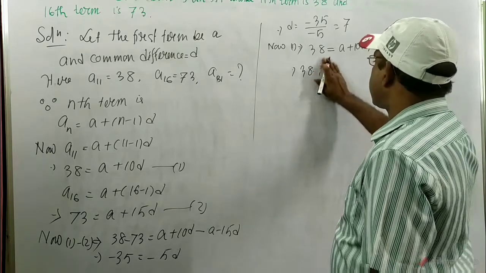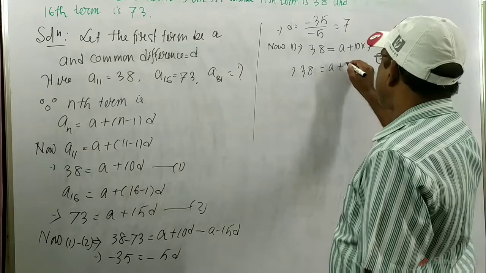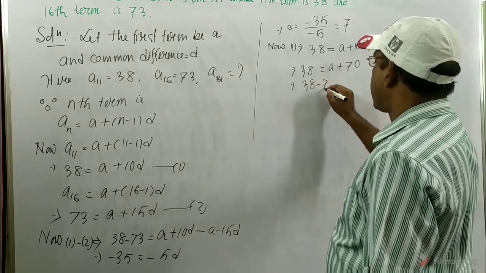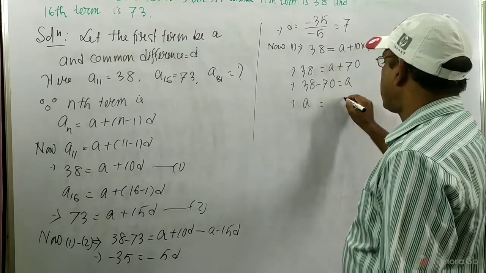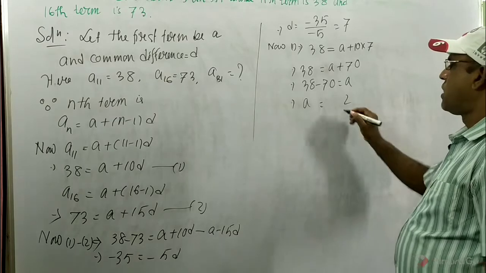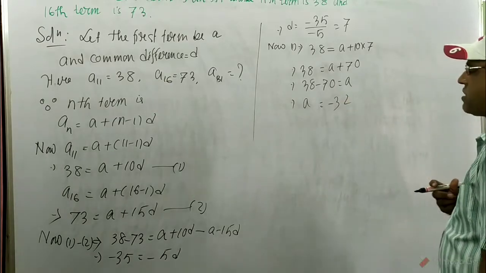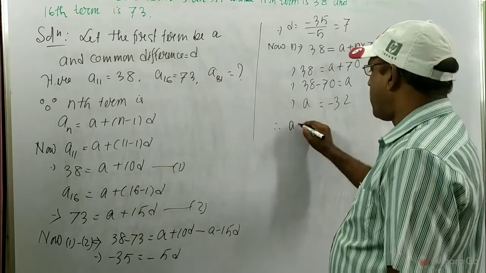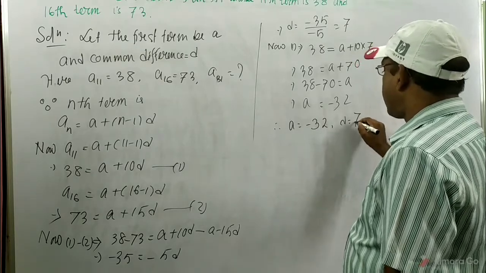So we write another step. 38 minus 70 equals a, so a equals minus 32. Therefore a equals minus 32 and d equals 7.